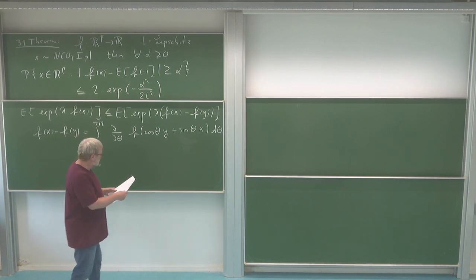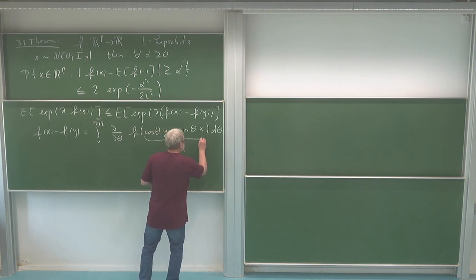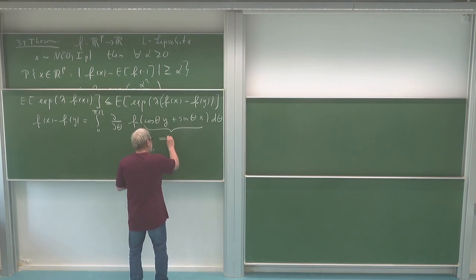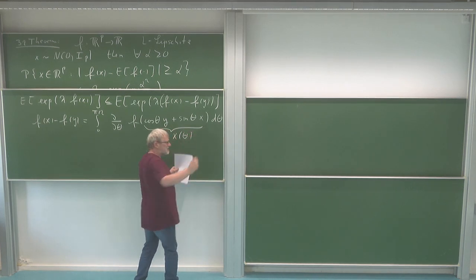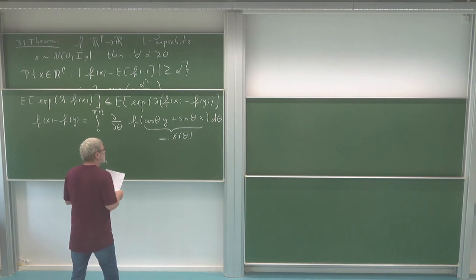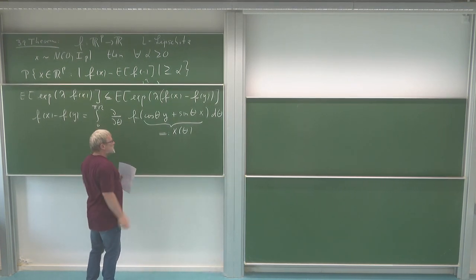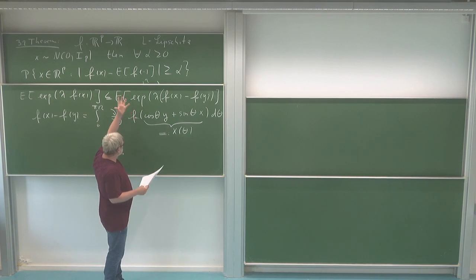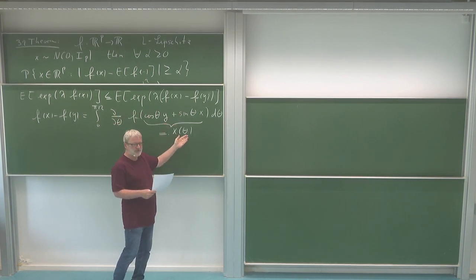Because it has the advantage that maybe I call this here x of theta. Okay, so x of theta, and then the derivative of this by the chain rule is the gradient of this applied to the derivative of this guy.